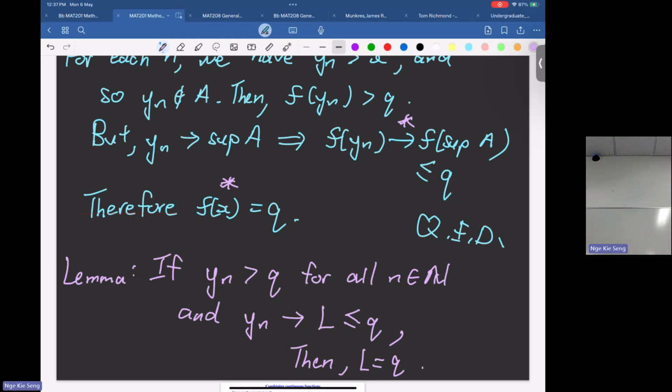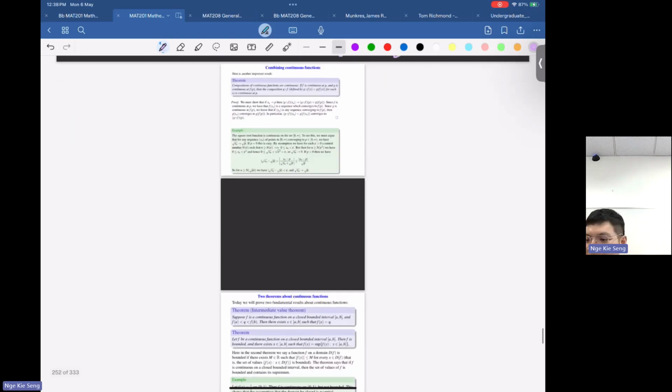It cannot be something less than Q. I will write down this lemma, but you can try and work it out also. So this is one of the proofs. Actually, this proof boils down to this lemma here.